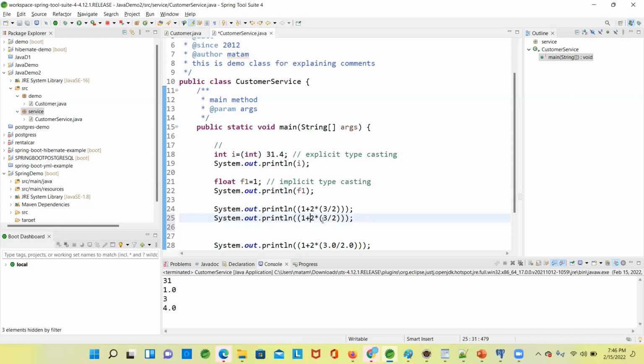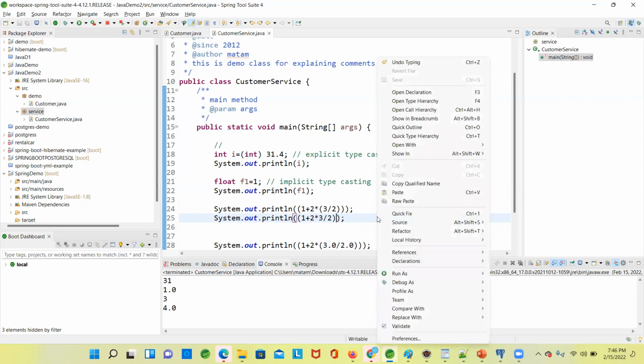So what happens if I remove this? Now, what is the answer? I removed brackets. Now, what is the answer? 3 only. Right? 3 only, yeah?